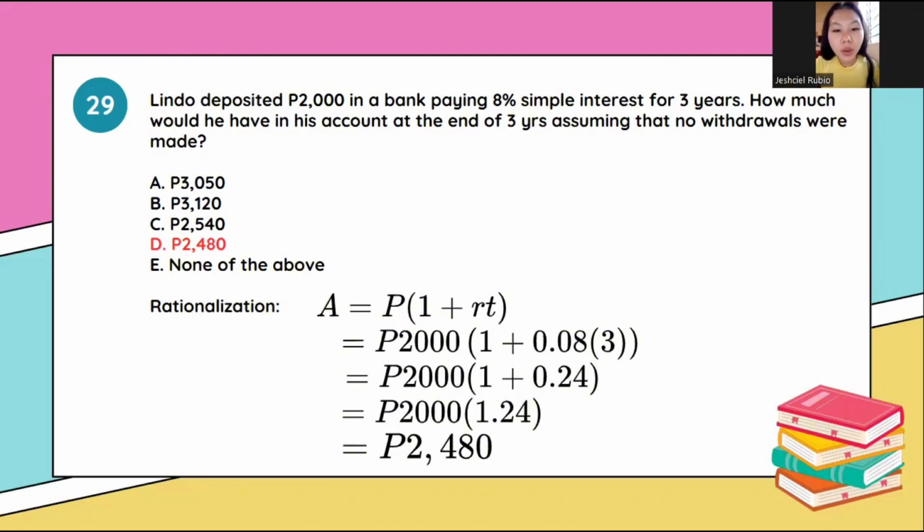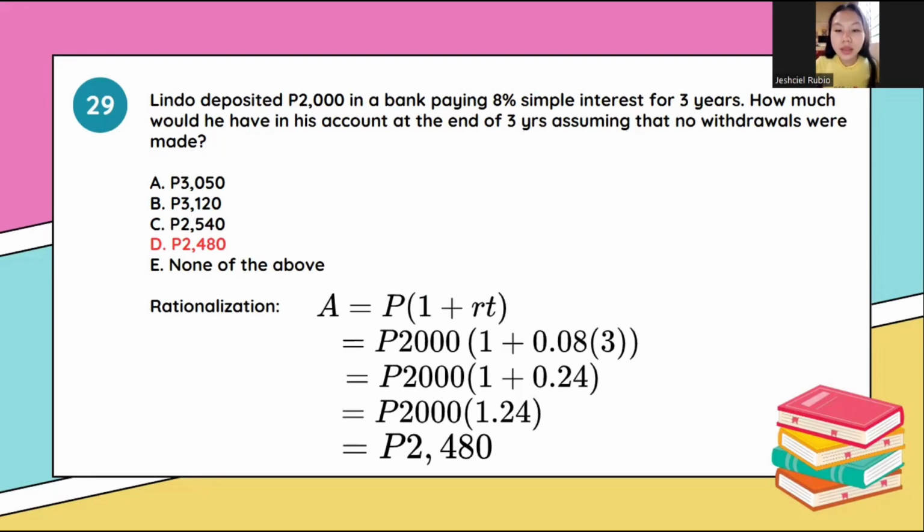2,480. So let's rationalize. The formula for A, or the amount, is P times the quantity of 1 plus rt. P here is 2,000. So copy 1 plus r, where r is 8%, so it becomes 0.08, and then t is 3.